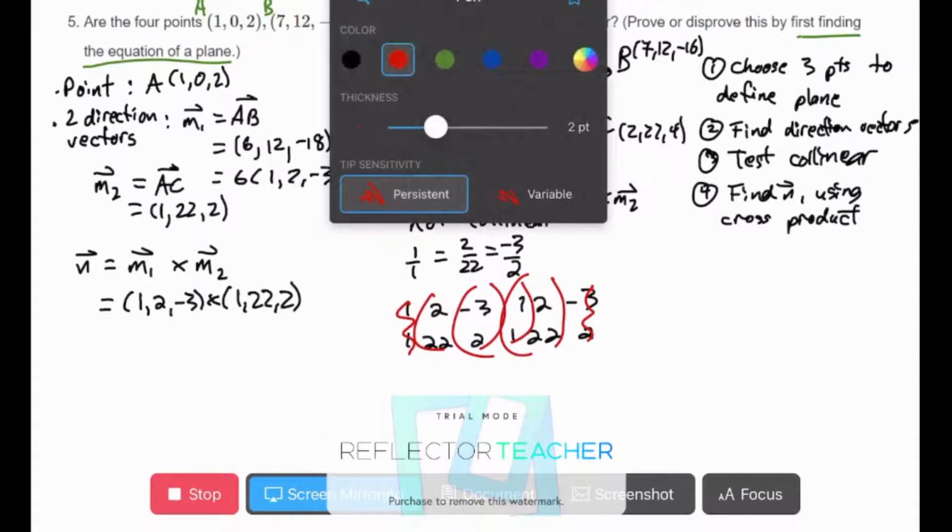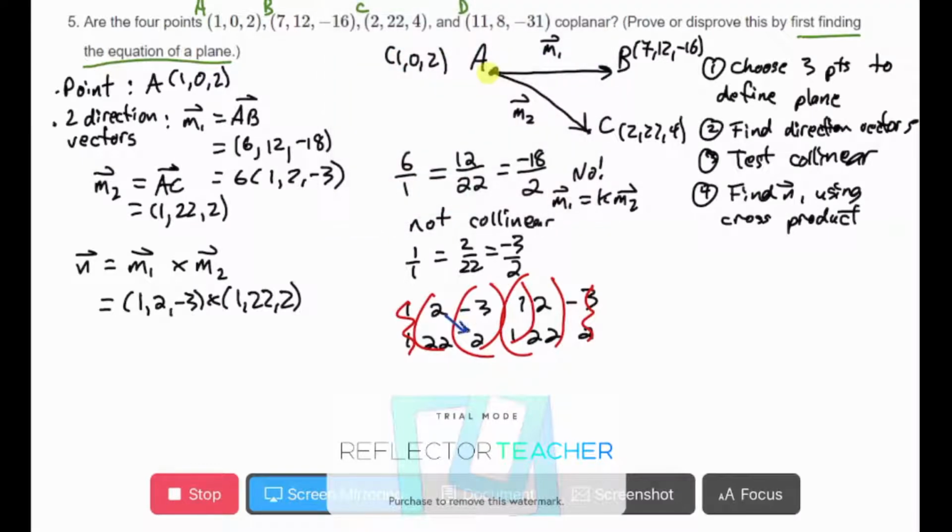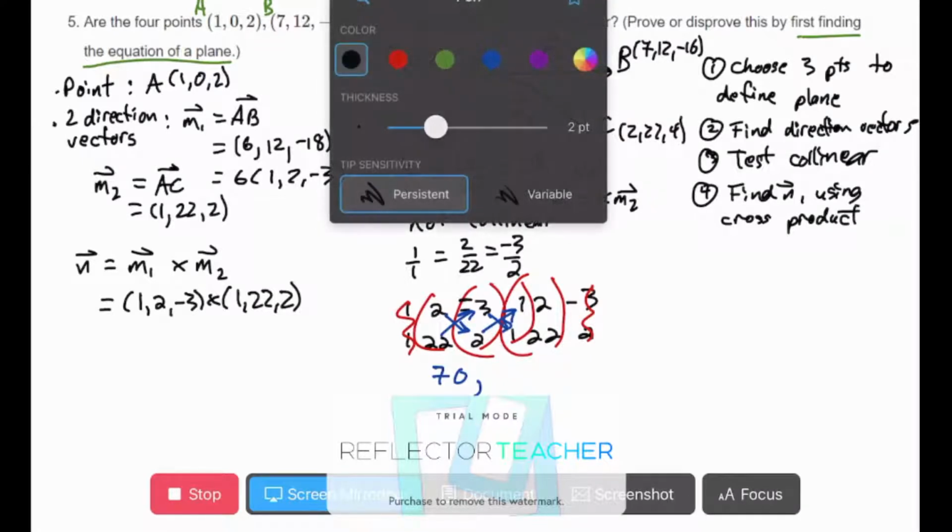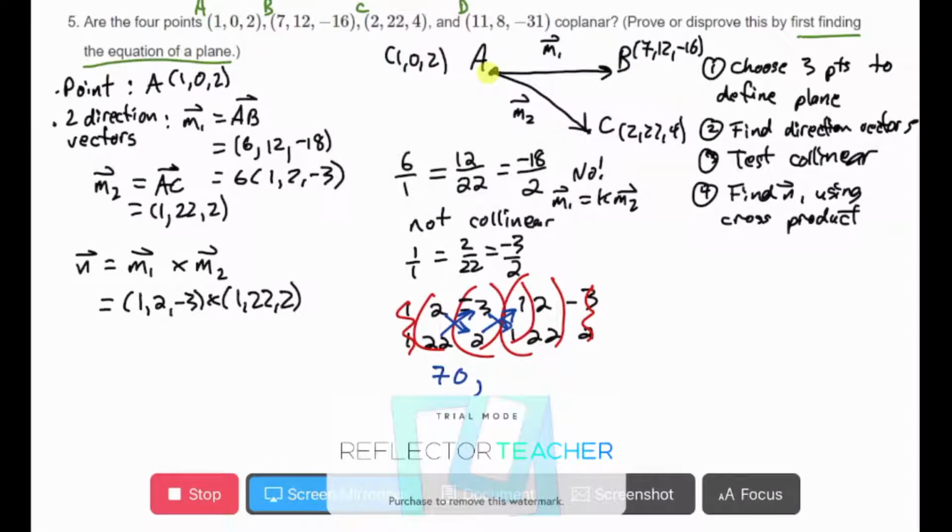And let's do our crisscross. 2 times 2 is 4, minus negative 66 gives us 70. Then 3 minus 2, sorry, negative 3 minus 2 is negative 5.